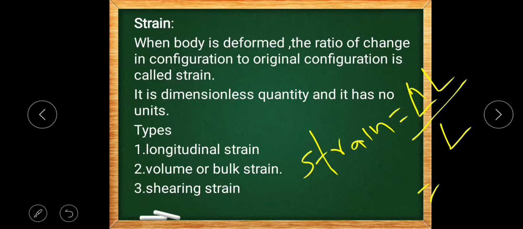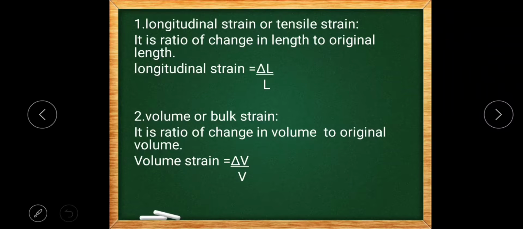The first one is longitudinal strain. It is also known as tensile strain or compressive strain. Generally it is treated as tensile strain. It is the ratio of change in length to the original length. The longitudinal strain can be written as delta L by L, where delta L is the change in length and L is the original length of the body.